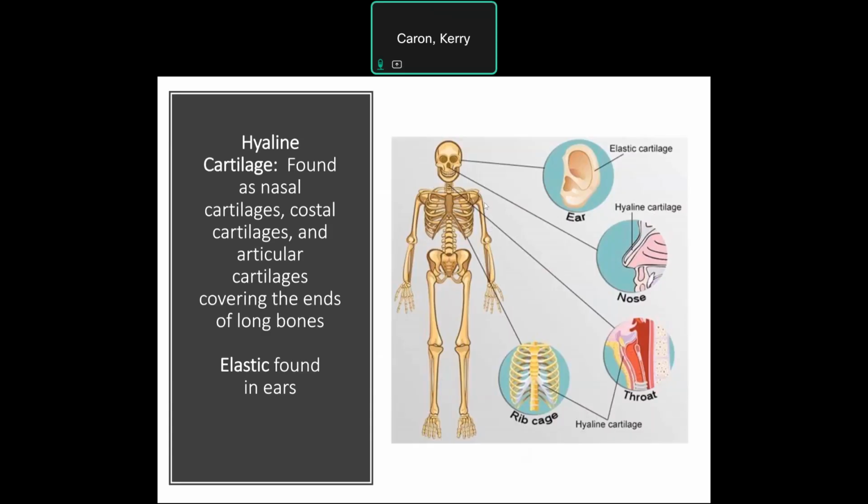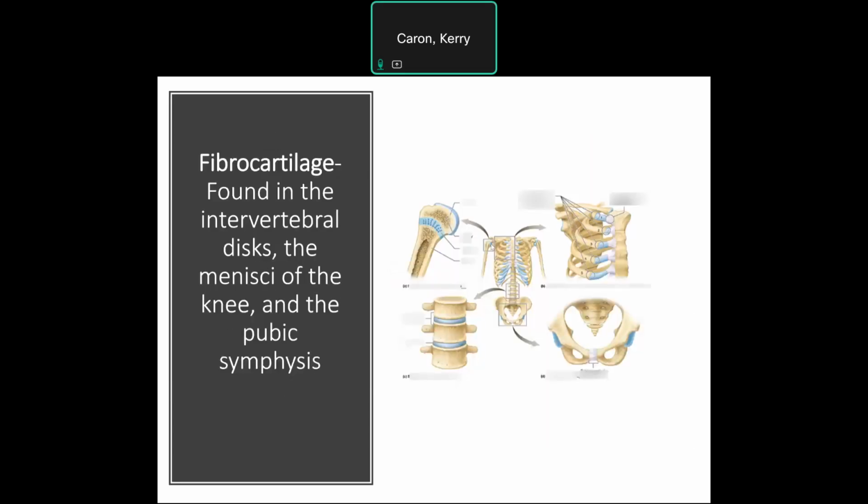Our elastic is found in the ears. So hyaline cartilage covers the ends of long bones, whereas elastic is in the ears. Fibrocartilage is the ones between the intervertebral discs, the meniscus of the knee, and the pubic symphysis. So it's more dense, it's more thick, it's less flexible.